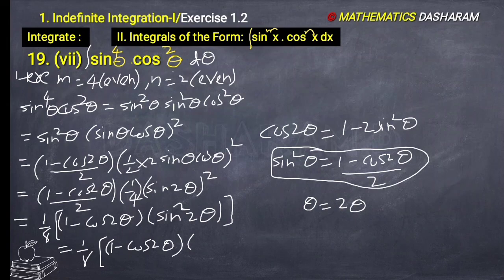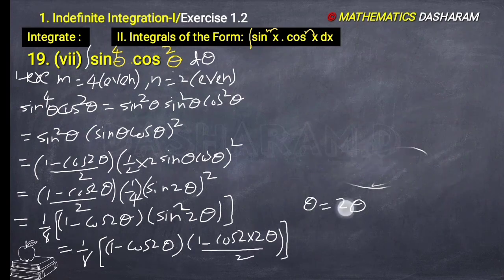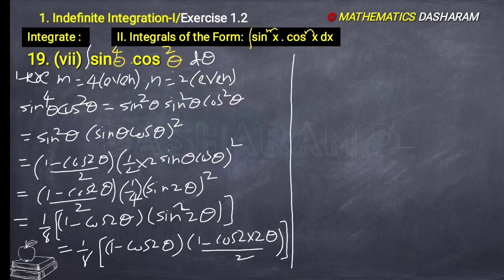So then what will happen, 1 minus cos 2 into 2 theta divided by 2. So here 2 and here 8, overall 1 by 16 bracket of 1 minus cos 2 theta into 1 minus cos 4 theta.